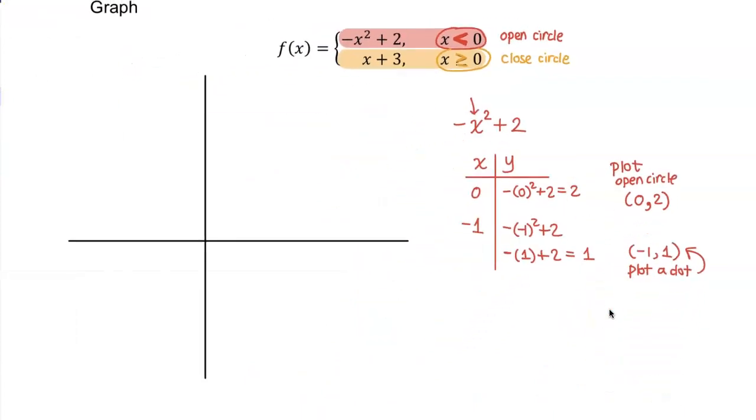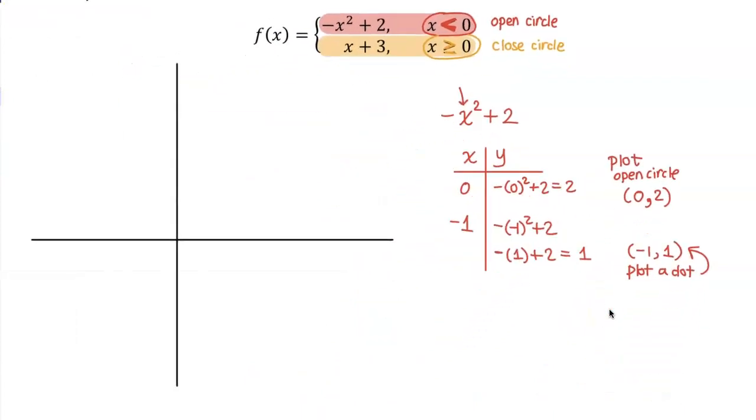So I'll show you, I'm gonna graph my quadratic now. So I go to 0, 2, go up 2 and plot one big open circle. And the next point that I need is negative 1, 1. So go 1 to the left, go up 1. Now, this is going to be half of a parabola, right? If you think about negative x squared plus 2, that's an upside down parabola, right?